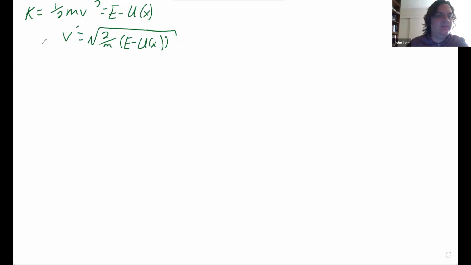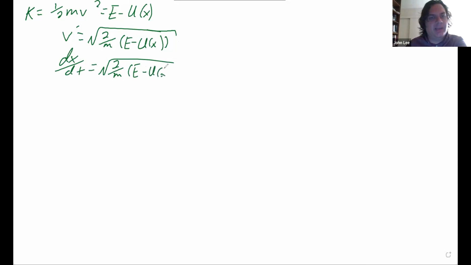And then if we do this, we can also do dx dt equals the square root of 2 over m times E minus U of x. So dt is going to be equal to dx divided by the square root of 2 over m times E minus U of x.